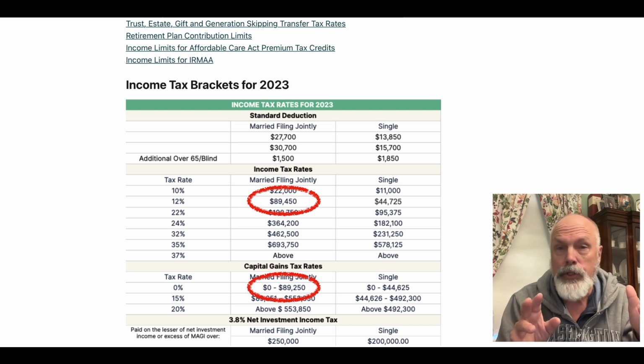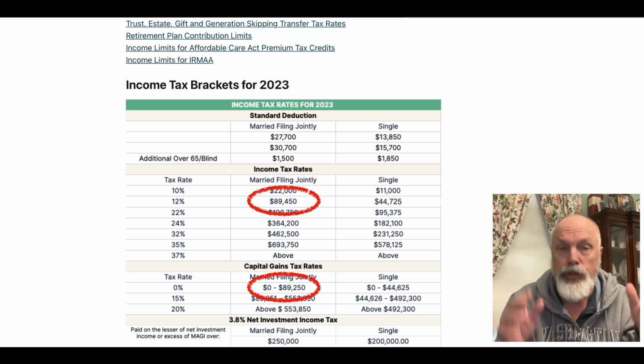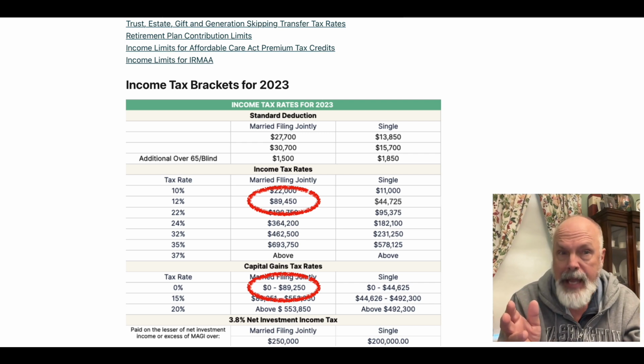So there's a difference there. And if you have a lot of dividend and capital gains, you may want to stay within the 0% tax bracket. And again, this model, there's only about $1,000 in capital gains, and so it may not matter, but it may if that's your case.